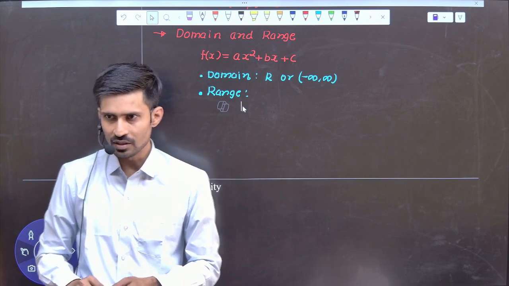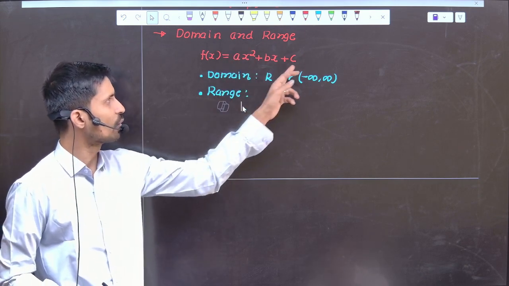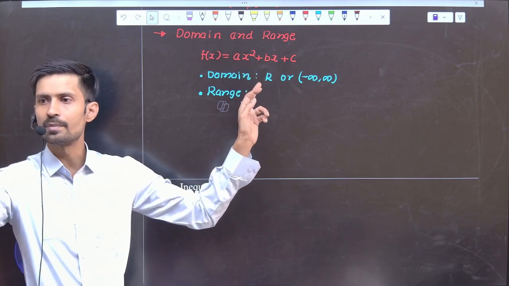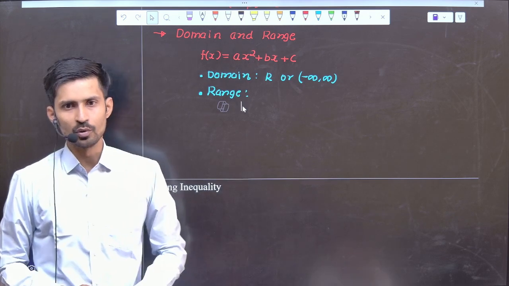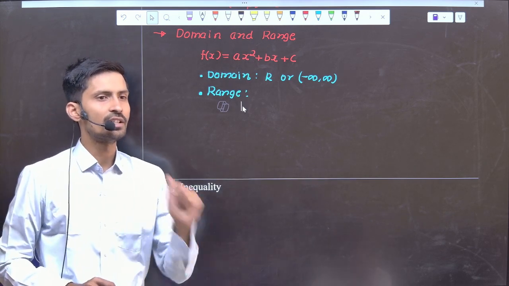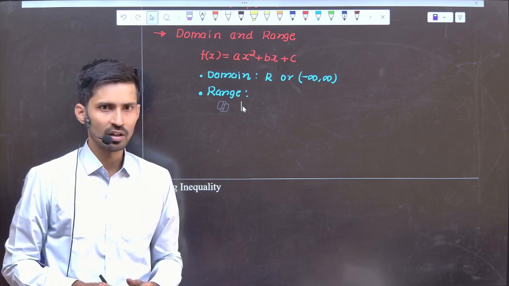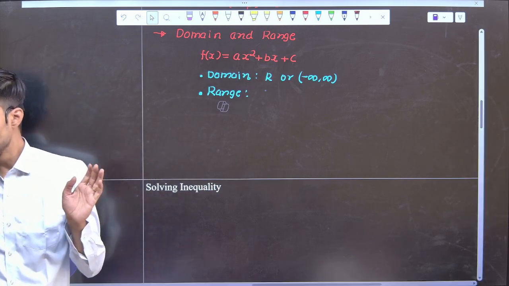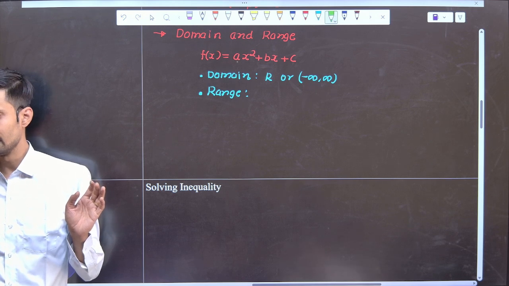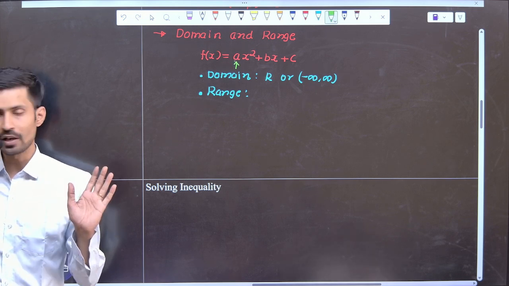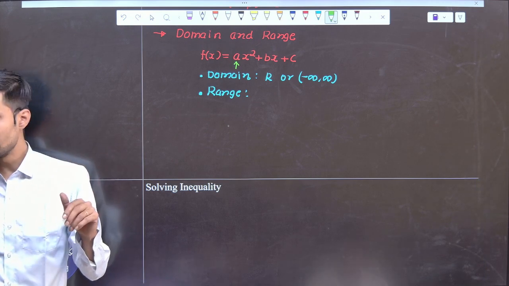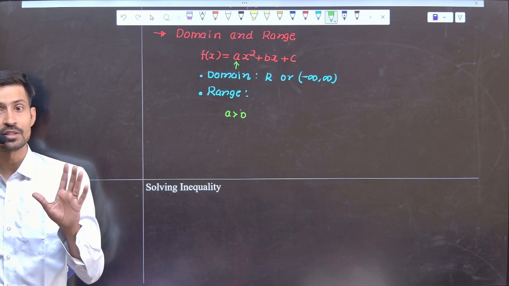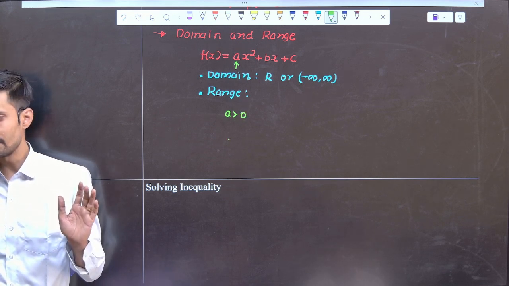Yes, na? So suppose I give you any quadratic, x square plus x plus 1, and I ask you, tell me what numbers this expression will give as output, or in other words, what is the range of this expression? So whenever we talk about this, first of all, we have to check the x square coefficient, a. We have to check whether that number is positive or negative. So there can be two possibilities.